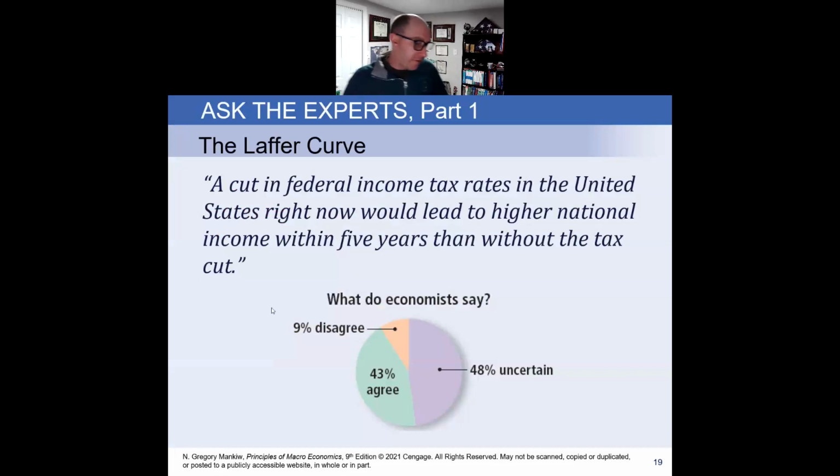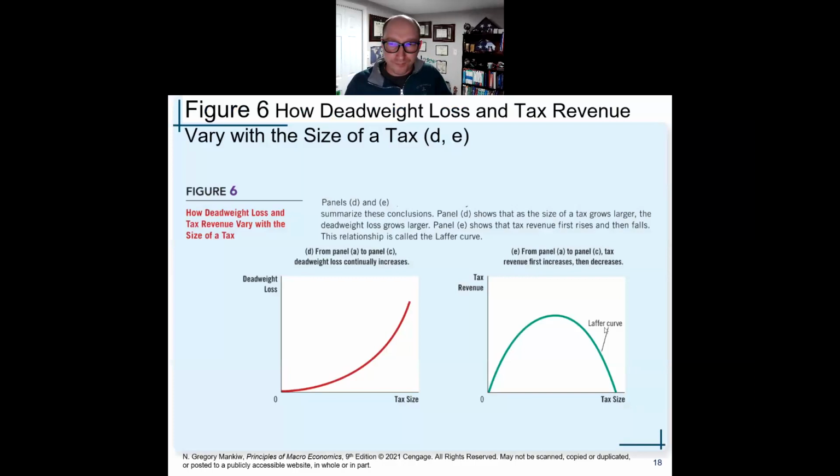The Art Laffer curve. Art Laffer, and I think I brought up his name once or twice before. Famous economist during the Clinton administration, came up with this really intelligent way of looking at taxes, the Laffer curve, the one on the right that I showed you, this one here.